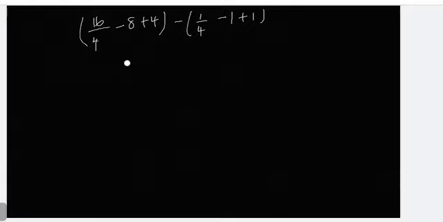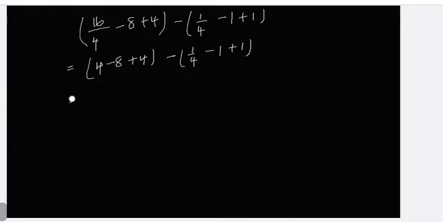Okay, so we continue with this. We want to simplify this further. Of course, 4 goes into 16 4 times, so this will be 4 minus 8 plus 4 minus 1 over 4 minus 1 plus 1.